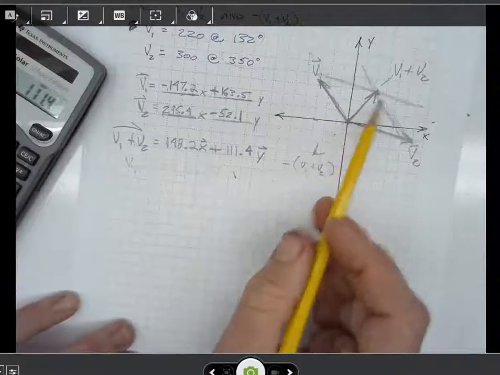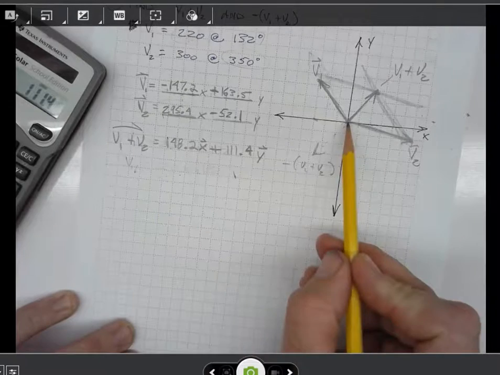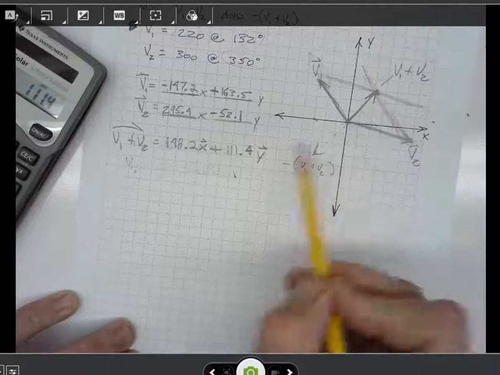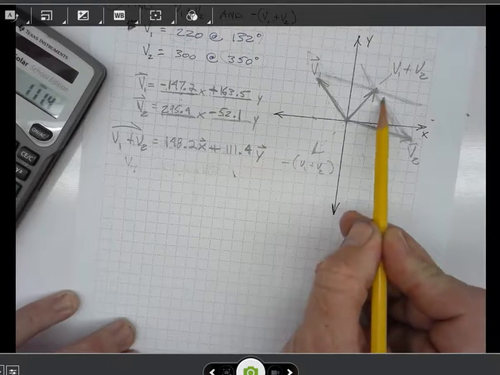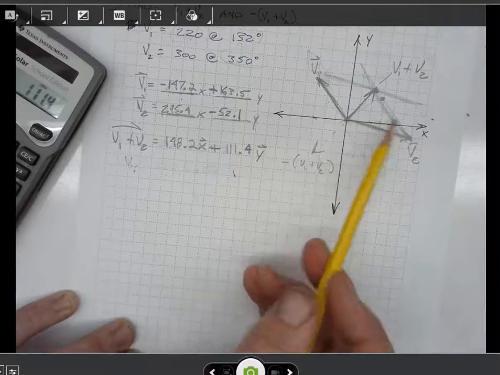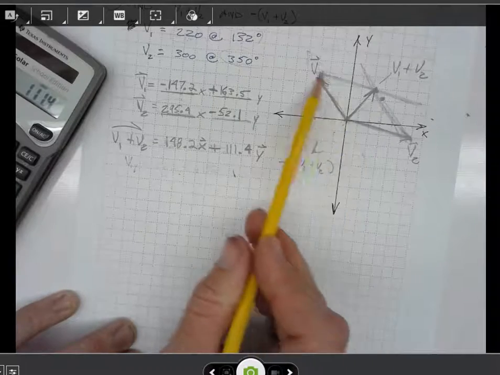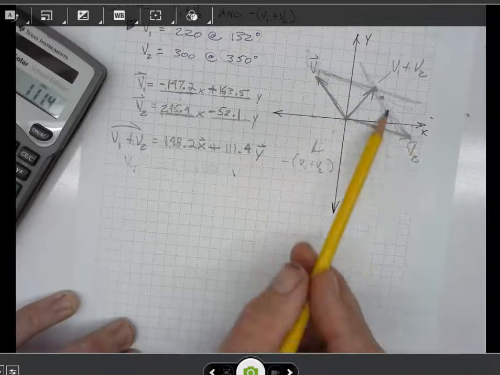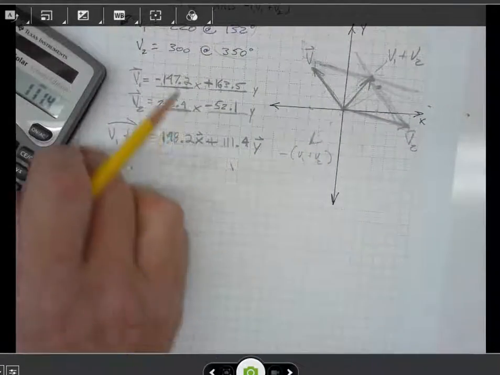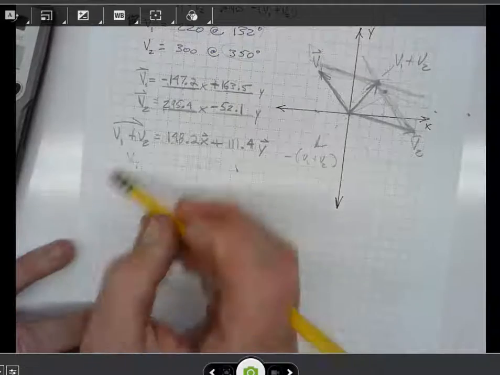Let's see if that makes sense on my drawing. 148, that's about 150. So 50, 100, 150 up, and then about 100. So it's really more like in here. My parallelogram was maybe not quite good enough, but that's okay. This up here probably should come down more, but it's off in that direction. Still in the first quadrant, so I'm feeling pretty good about that.